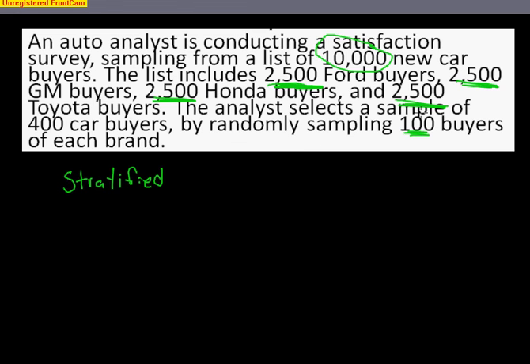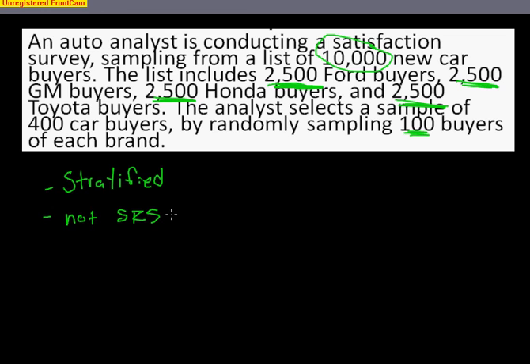Why is it not a simple random sample? Because the definition of a simple random sample says every single group of 400 car buyers needed to have a chance to be selected. Now I want you to think about the group of 400 Ford buyers. All 400 people chosen were Ford buyers.